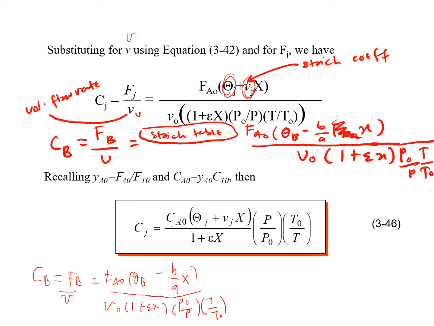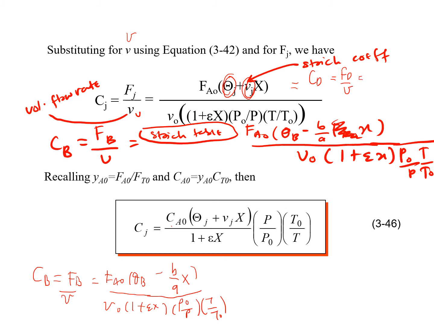Let's take another example to make it clearer. Let's say you want it in terms of C for a product, so we put it as CD. CD equals FD over the volumetric flow rate.